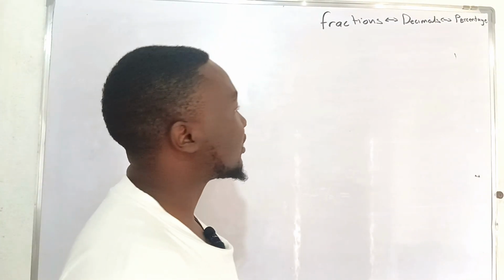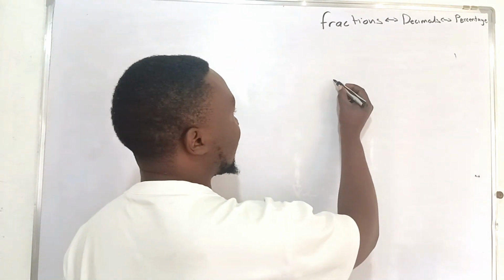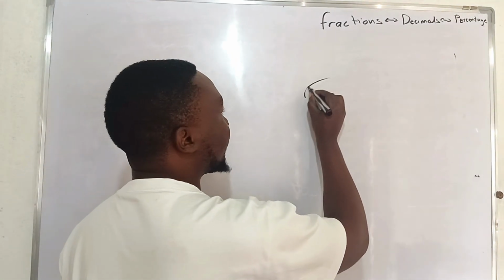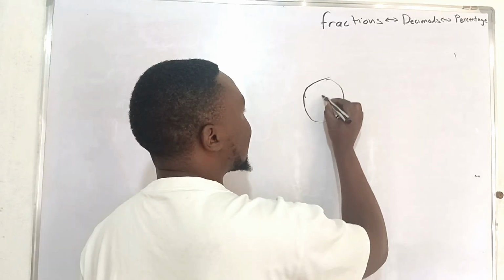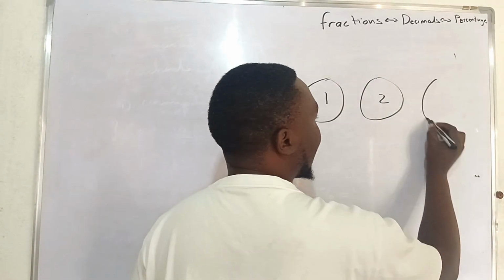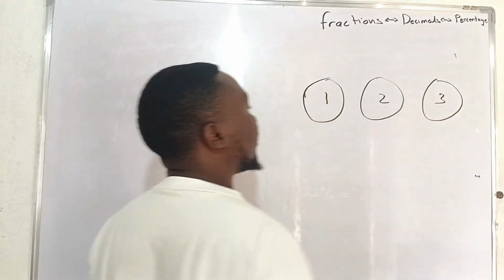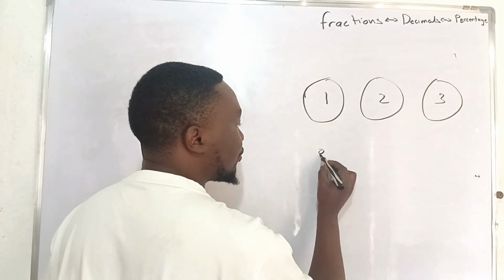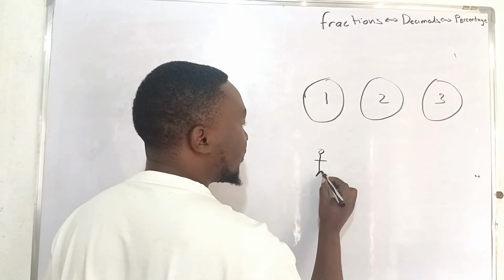So what are fractions? Let's try an example to illustrate how fractions arise. Let's say there is one apple here, there is two, and there is a third apple here. There are two boys who want to share these three apples.